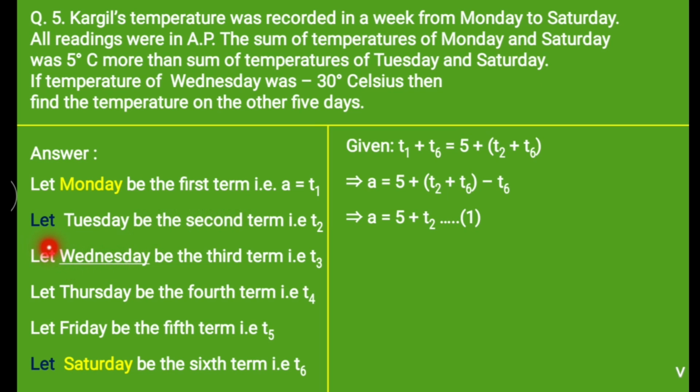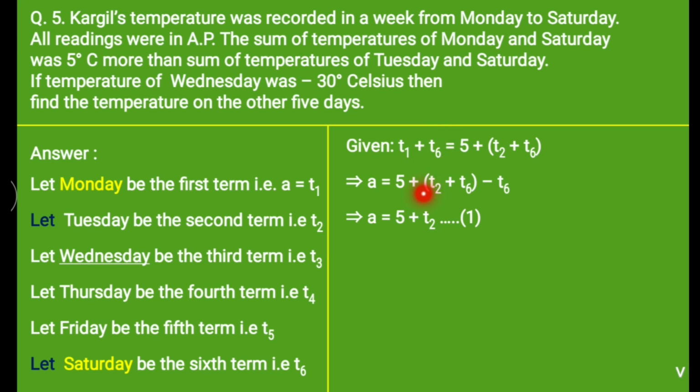Tuesday we mark by dark blue color, T2, and Saturday T6. So we write T1 plus T6 is equal to 5 plus T2 plus T6, because T1 plus T6 is more by 5 than the sum of T2 plus T6.